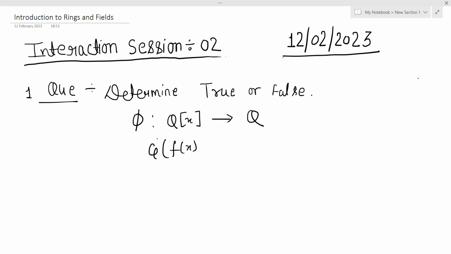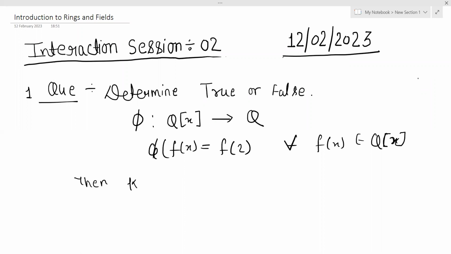So I denote this phi by this notation, f(2), for all f(x) in Q[x]. Then we have to determine whether the kernel of phi consists of all polynomials which are divisible by x minus 2.